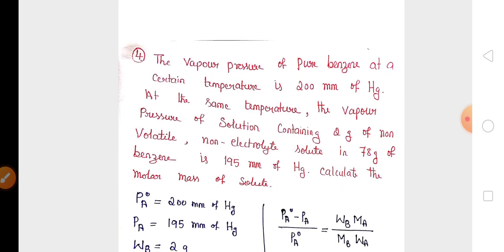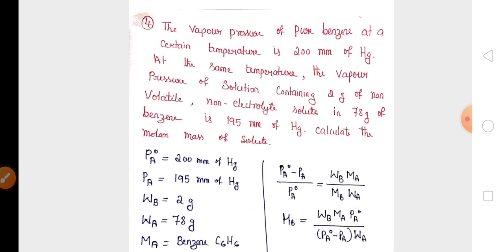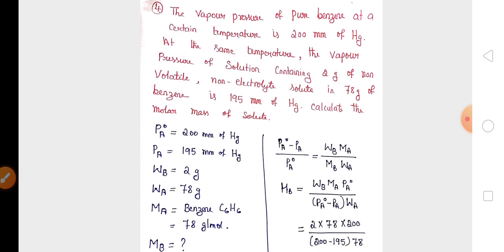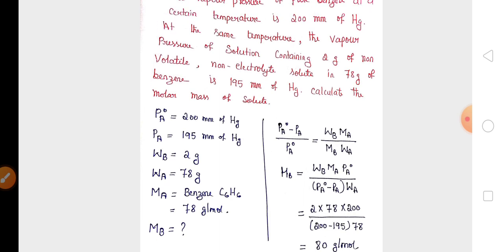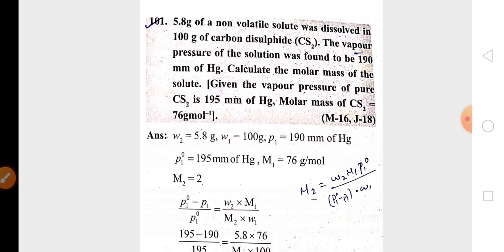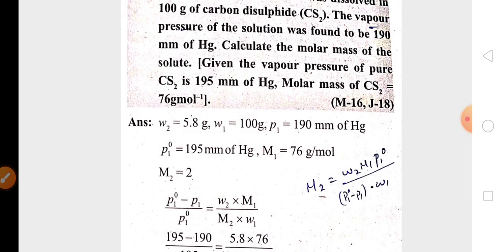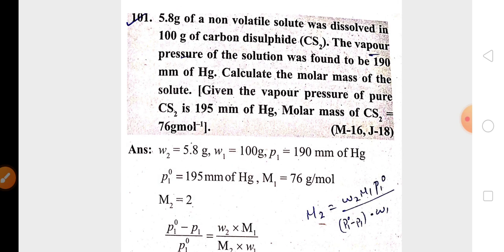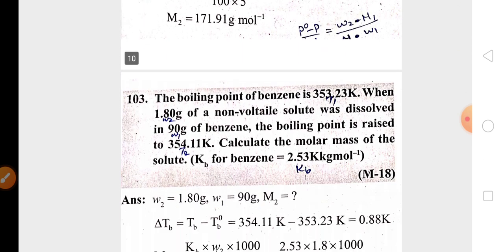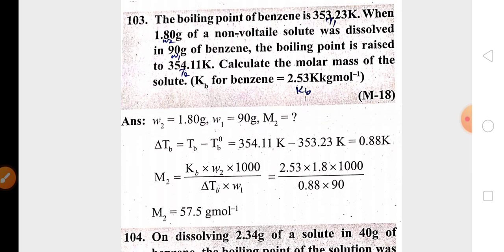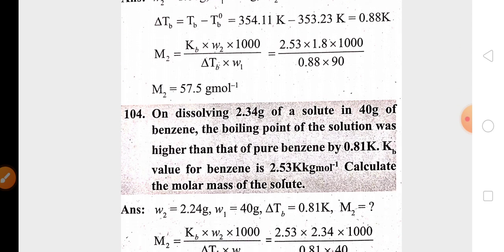Then we have some numericals related to relative lowering of vapor pressure. This question is from relative lowering of vapor pressure. Then we have one more numerical about relative lowering of vapor pressure. Then we have a question and answer for elevation in boiling point.